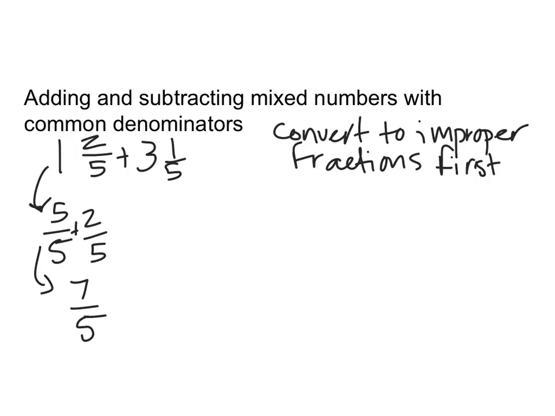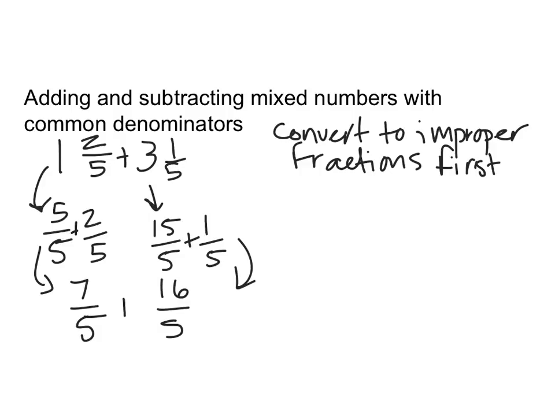And then 3 1/5, that's the same as 15/5 plus 1/5, which is the same as 16/5. Then I can add them just the way we learned in that first video. So 7 plus 16 gives us 23/5.